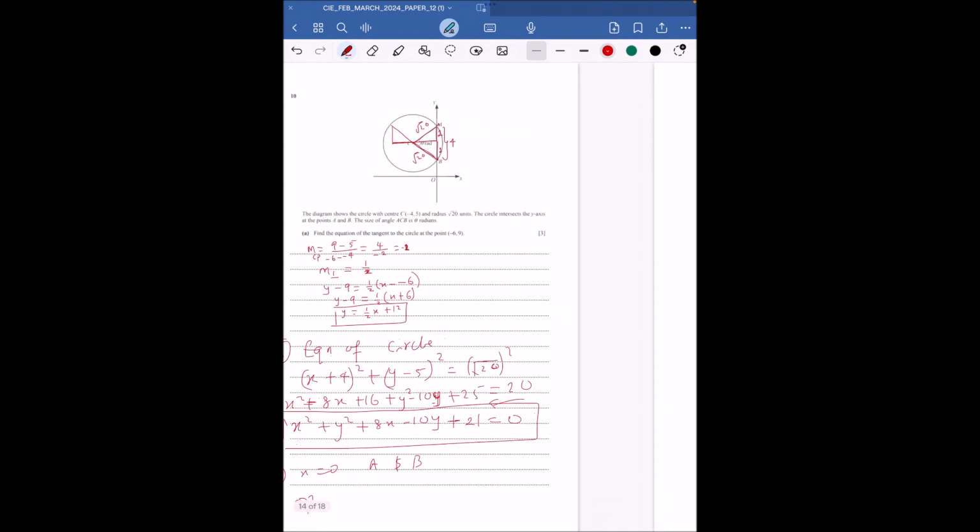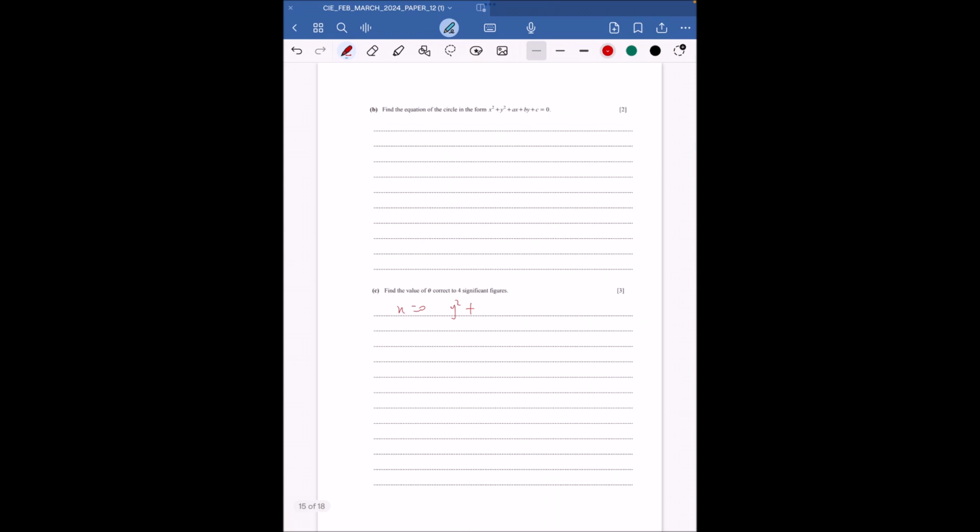So y squared minus 10y plus 21 equals 0. So you can solve this. You'll get y. So y will be 7 or 3. See, the distance will be 4.